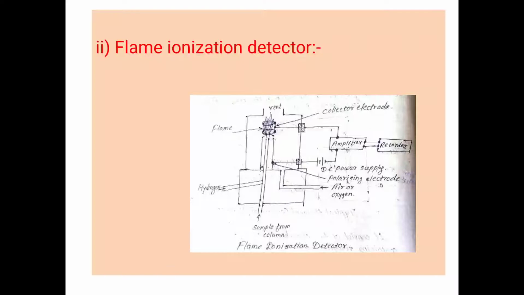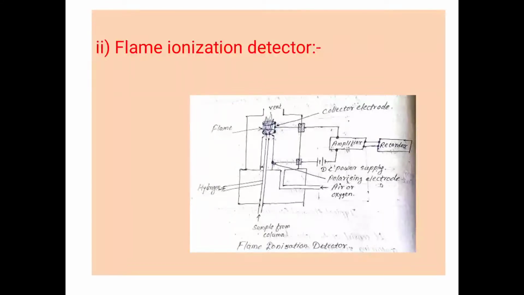So this flame ionization detector is shown in this diagram. So that is the flame ionization detector. In this flame ionization detector, the ionization detectors are based upon the electrical conductivity of gases. So at normal temperatures and pressures, gases act as insulators but will become conductive of ions if electrons are present in them.